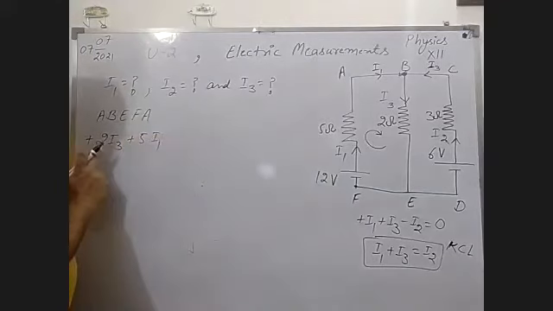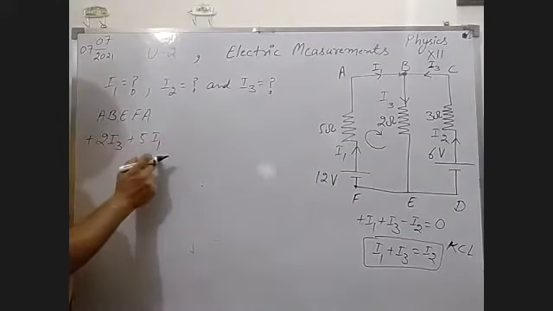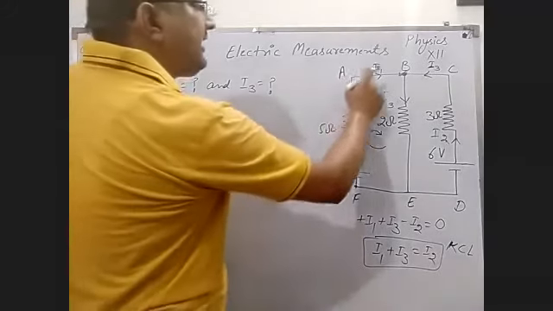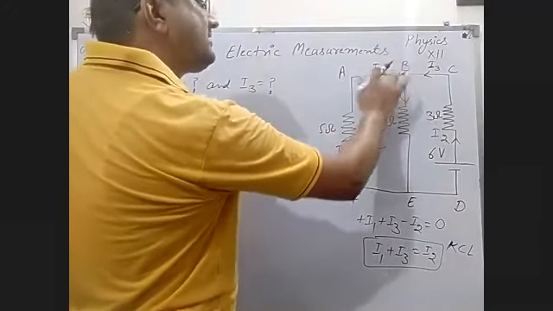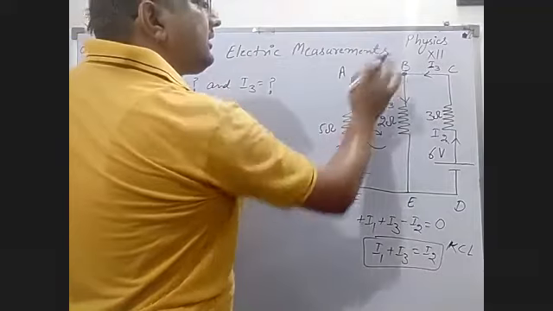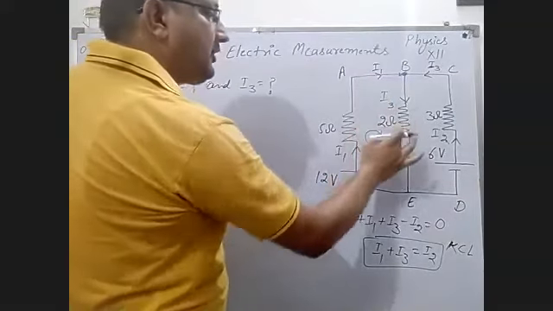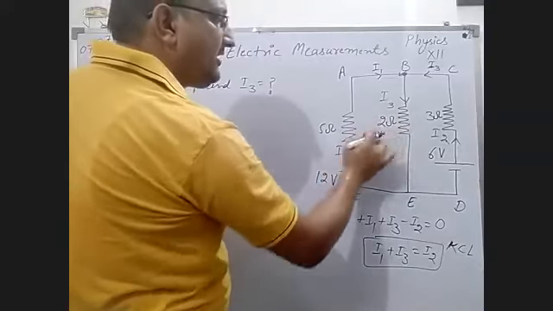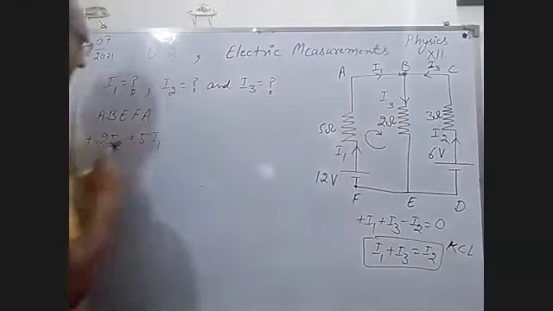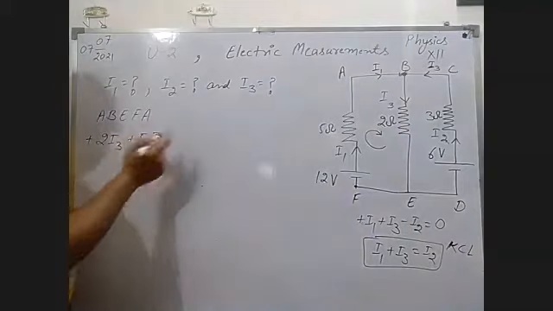These are current into resistance, and here current is there but resistance is no, so no need of writing this. So only two resistances are there, and I have written these things.